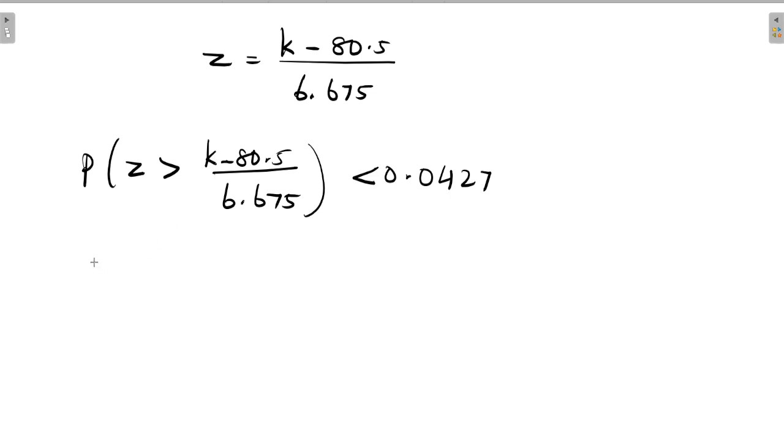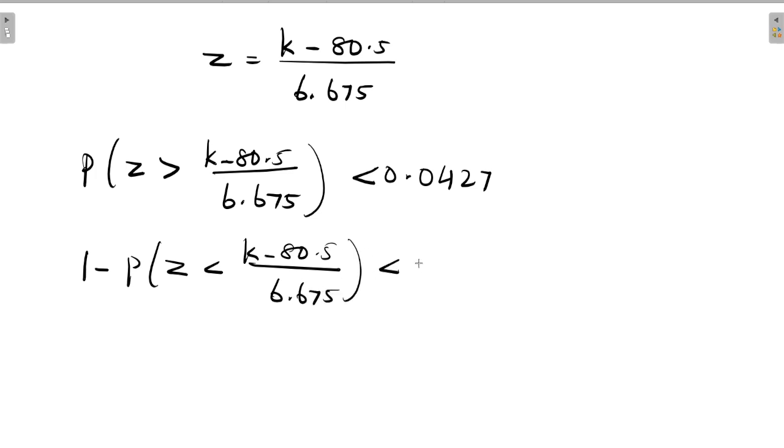This probability we write as 1 minus the probability of z less than k minus 80.5 by 6.675, which is less than 0.0427. We can follow the table.